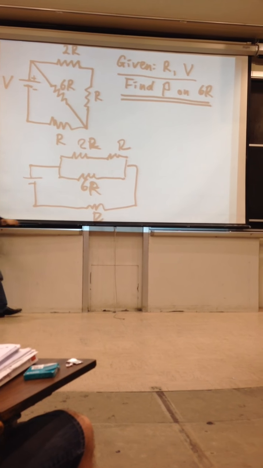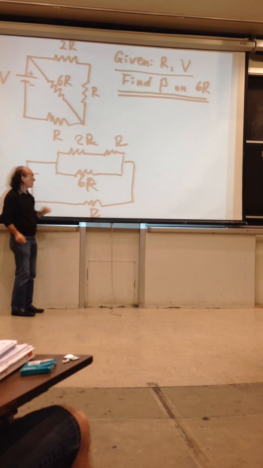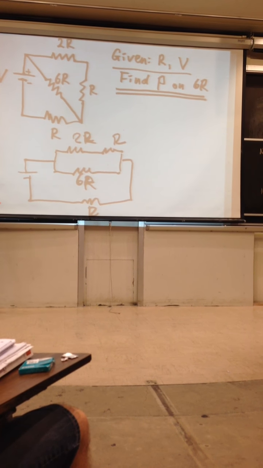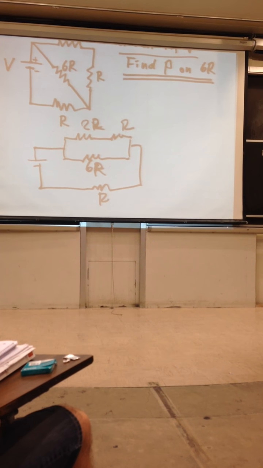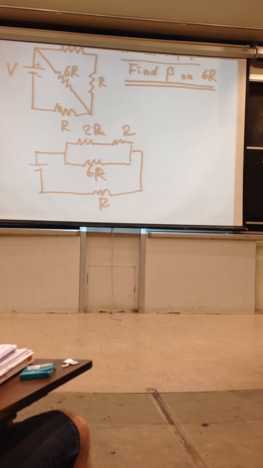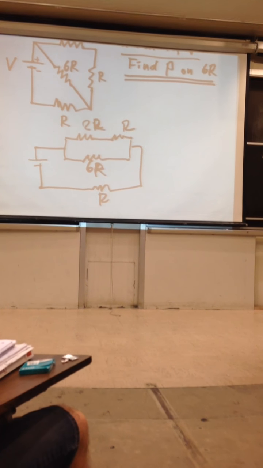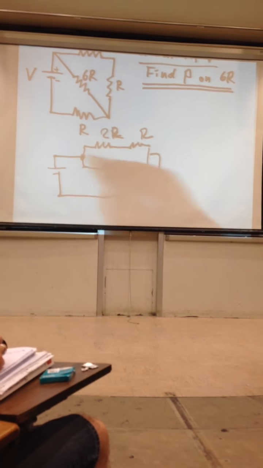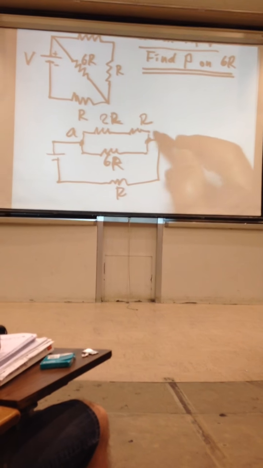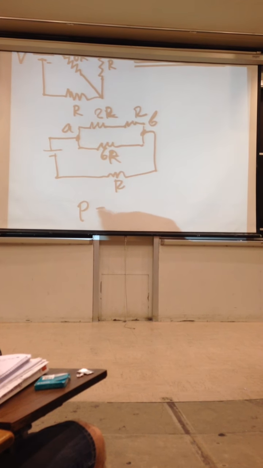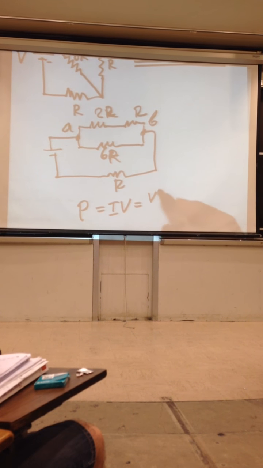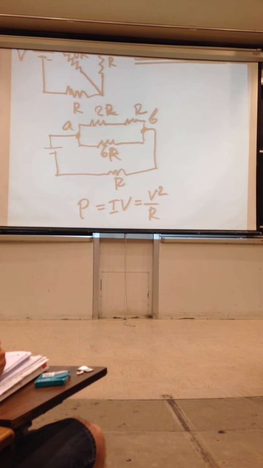You are trying to find the power delivered to this resistor. So how can you do it? For power delivered, power is current times the voltage, or it's voltage squared divided by resistance.